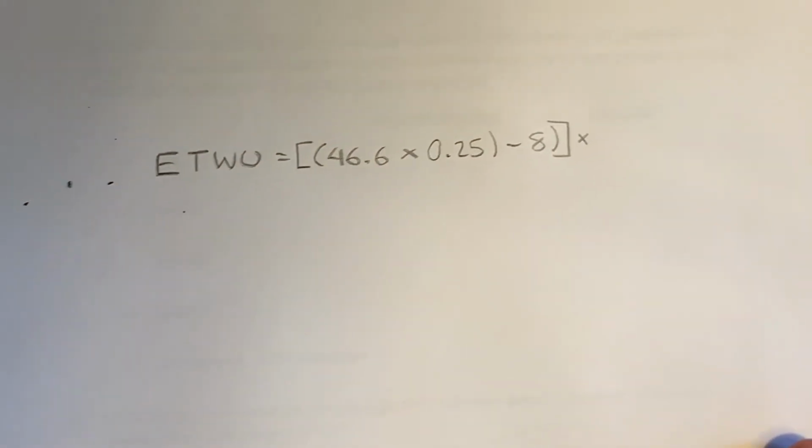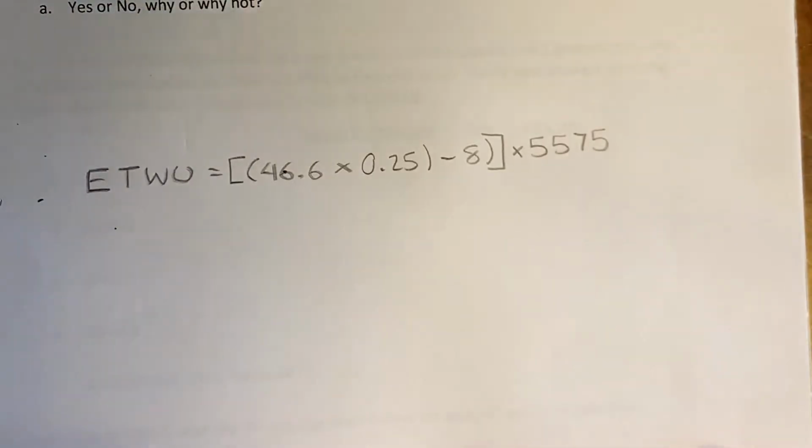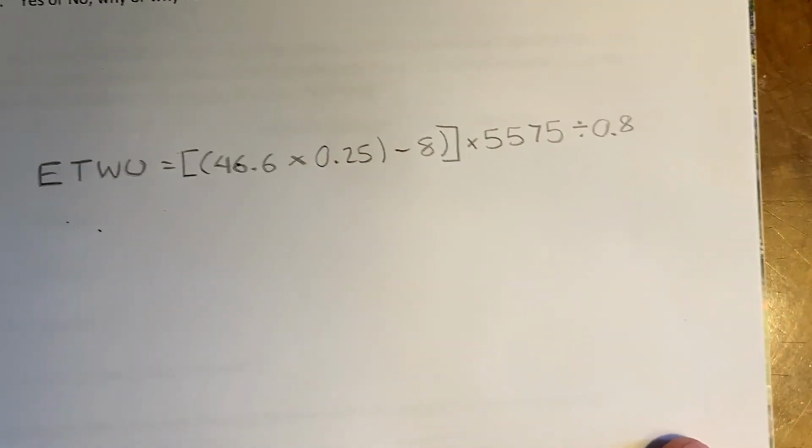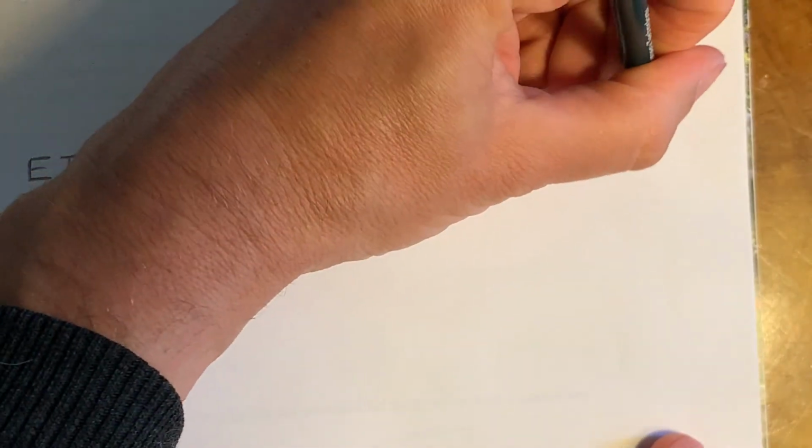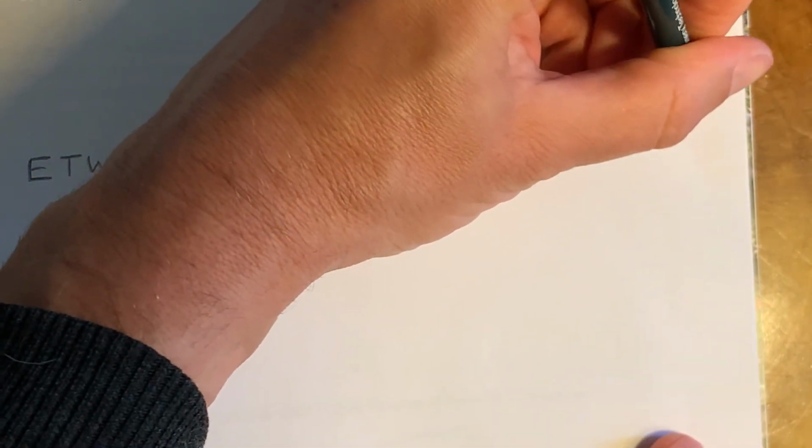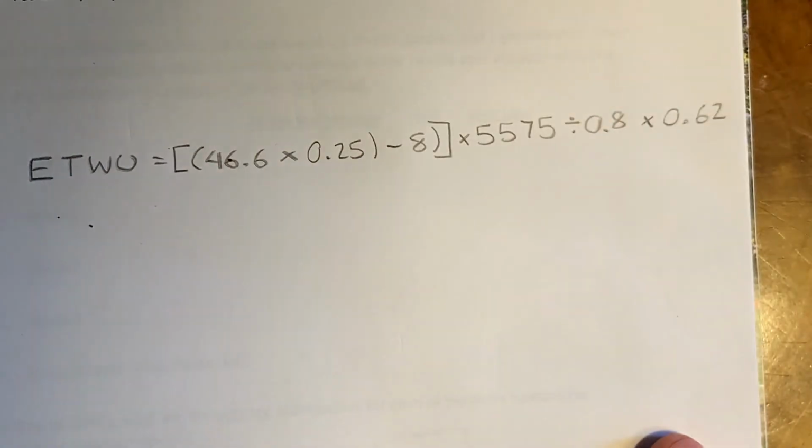Our landscape area is 5,575 feet. Our average irrigation efficiency is 0.8 and our conversion factor is 0.62.